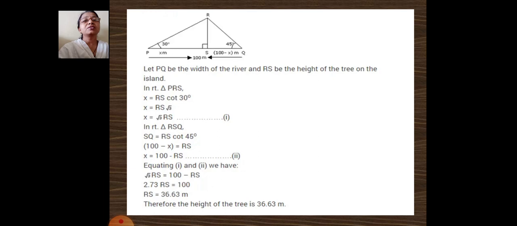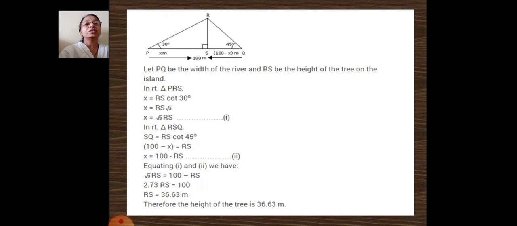Next triangle is triangle RSQ. In triangle RSQ, either you take tan of 45 degrees or cot 45, one and the same thing. If I take cot 45, that will be SQ upon RS, cross multiply.